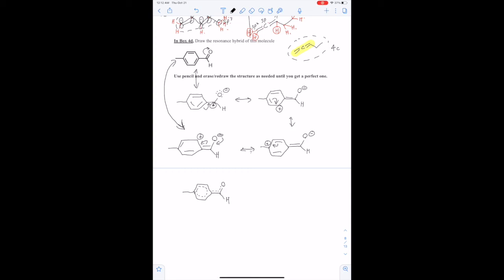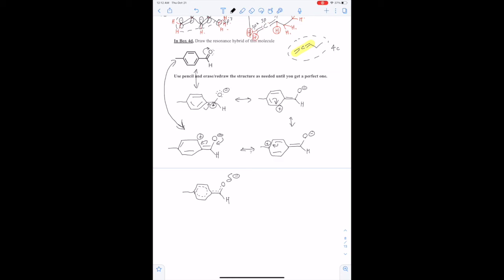Okay, so now we want to assign partial charges. Oxygen has seen a negative charge through the whole thing, so it's got a big partial negative. It doesn't have a full negative because in the original molecule it is neutral with 2 lone pairs. So you can't just put a negative charge, it has to be a partial negative.